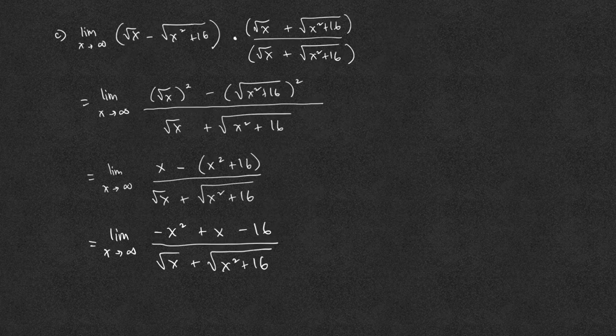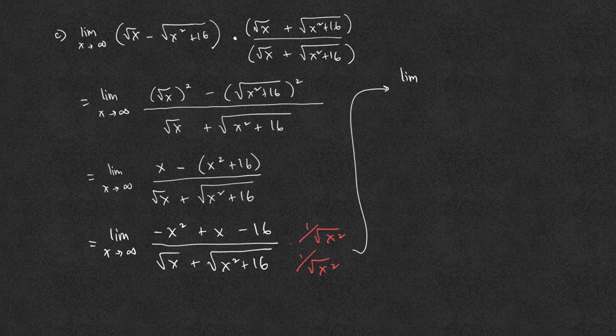At this point, we will employ the trick that we have been using by dividing every single term by the highest power in the denominator. The highest power in the denominator is the square root of x squared. And so we would multiply by 1 over the square root of x squared in both the numerator and the denominator.